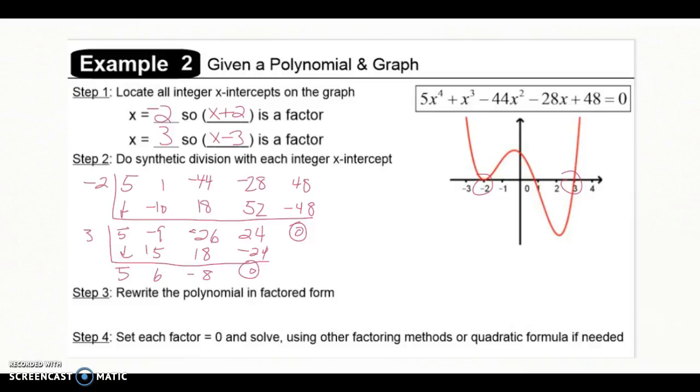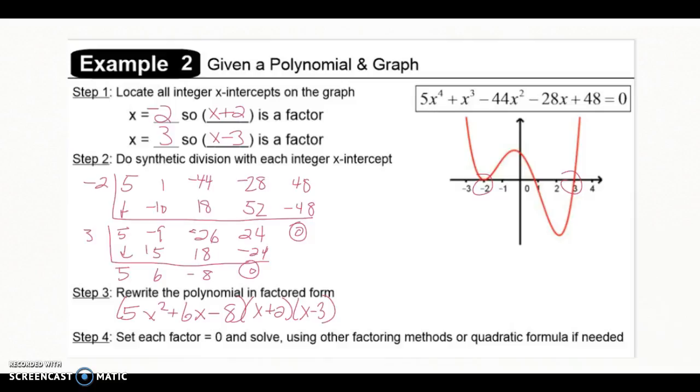Good. Confirming that they are in fact factors. Rewrite the polynomial in factored form. So far we know it's 5x squared plus 6x minus 8 times our two factors, x plus 2 times x minus 3.